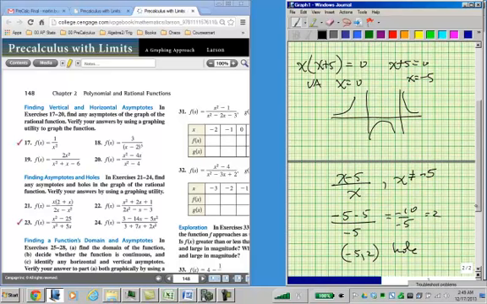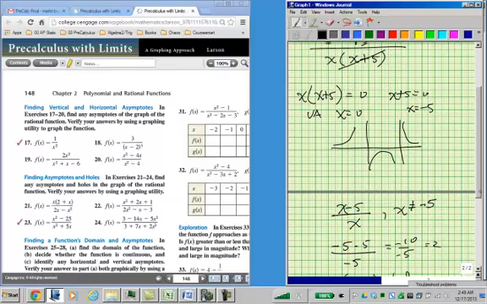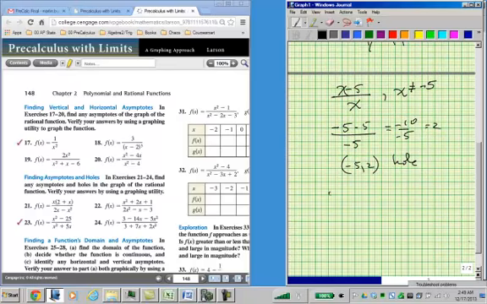Okay, so we're graphing, what are we left with? X minus 5 over x. Okay, so vertical asymptote, x equals 0. There's a hole at negative 5, comma 2. There is a horizontal asymptote at y equals 1 because the degrees are the same.